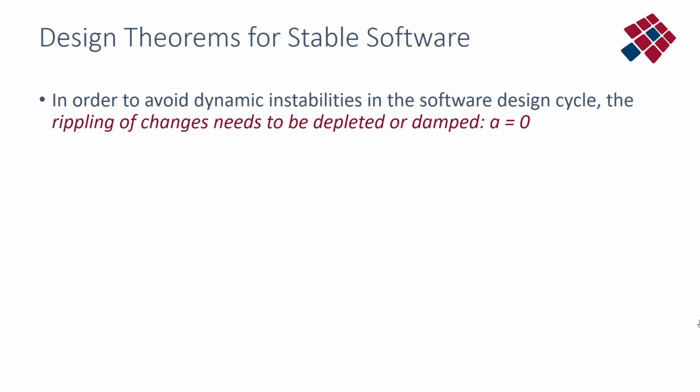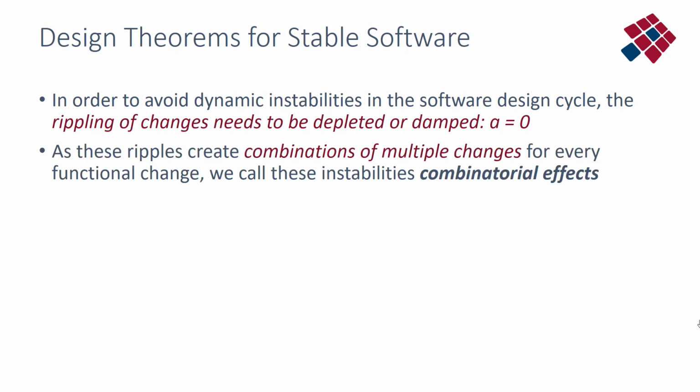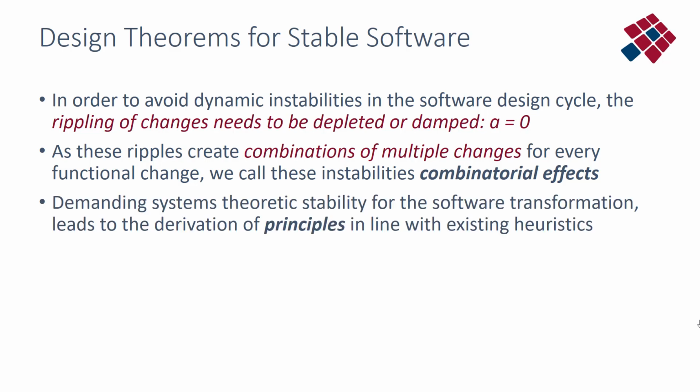And in order to avoid dynamic instabilities in this design cycle, we need to damp the rippling of changes. Because these changes could ripple through the software structure, cause what we call combinatorial effects proportional to the size of the system and therefore lead to dynamic instabilities and unbounded changes.